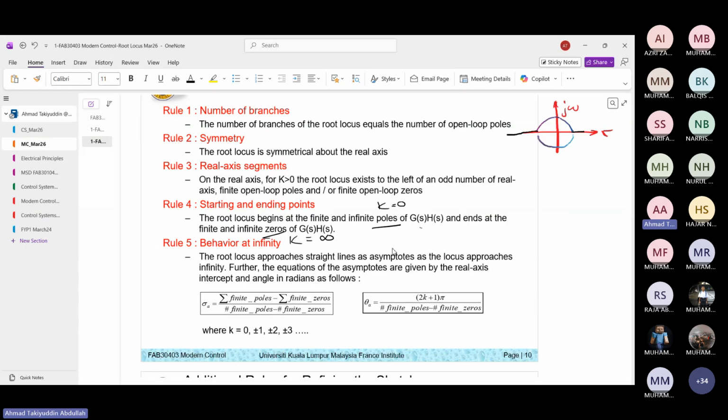So the rules: number 1, 2, number of branches, symmetry about the real axis, segment, starting and ending point, behavior at infinity.